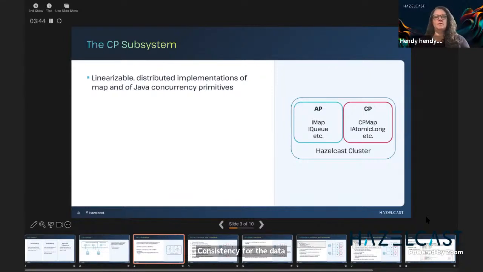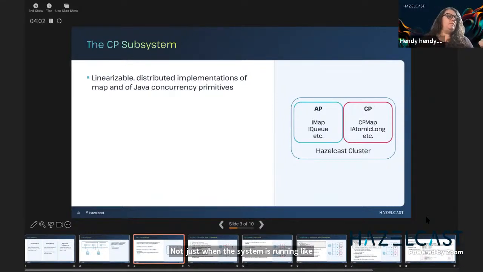So, for example, Java concurrency primitives. Those are all now going to run under the CP subsystem to ensure that we have absolute atomic operations under all conditions, not just when the system is running like it's supposed to.